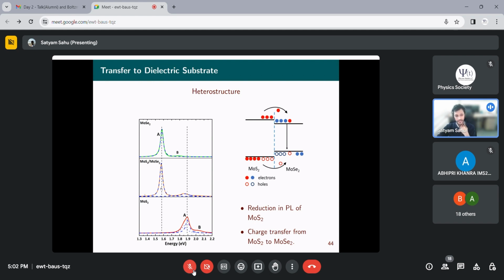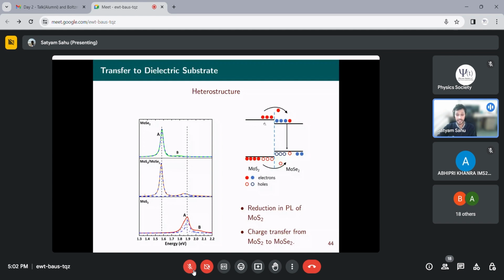If we try to understand what's happening here, we can come to this simple schematic. It's just the band alignment of the MoS2 and MoSe2 heterostructure. So here we have the valence band and conduction band for MoS2 and for MoSe2 as well. What's happening here is most of the holes that were created here are easily moving from MoS2 to MoSe2.